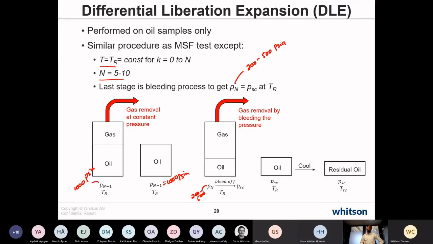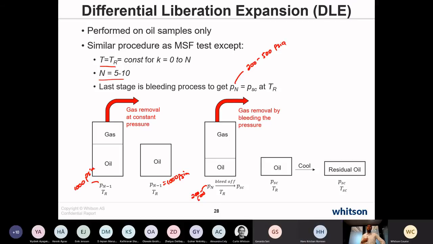So you have this constraint actually from the equipment side that you have to do it this way, and you actually mentioned the correct way, how you can correctly simulate with an equation of state model. So when you try to simulate this bleeding process for the last stage, you actually need to add more pressure stages between PN and PSC in your equation of state when you are simulating the PVT experiment with your equation of state model to replicate this kind of process.